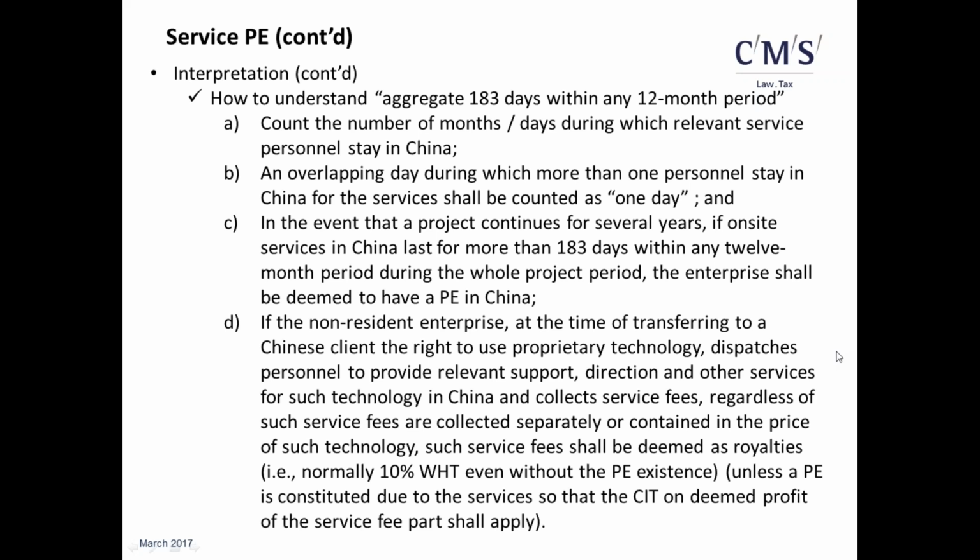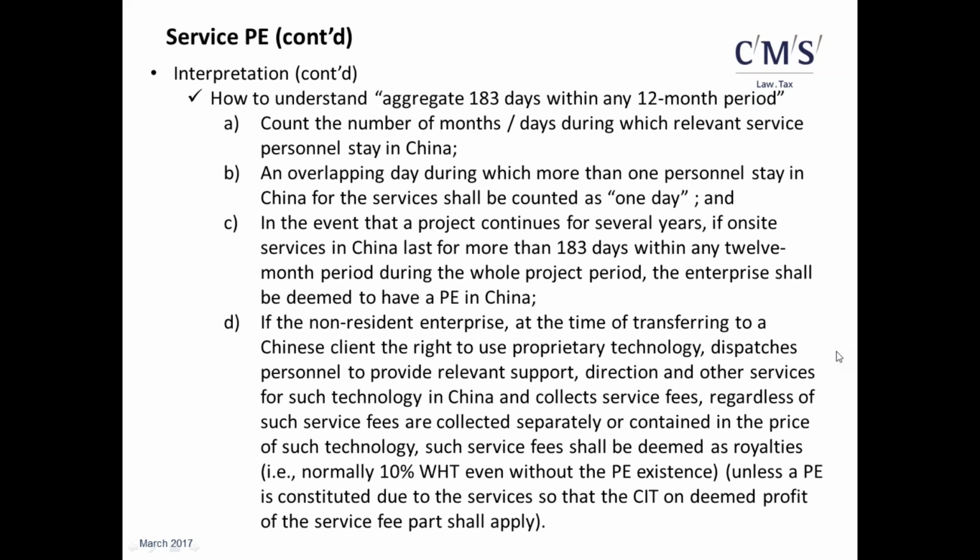During 1 month of the service period, the foreign enterprise has dispatched three employees to China for the services, and they have stayed in China for a whole month. In that month, the total number of days for counting purposes should be 30 or 31, based on the exact number of that relevant month, but should not be 90 days, because these three employees are working on the same project simultaneously.